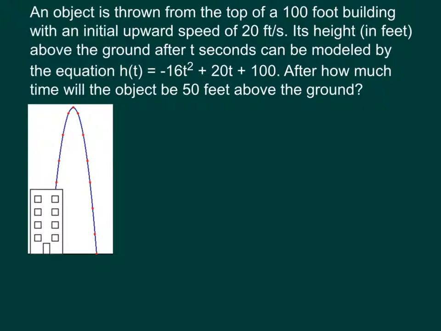So what we're looking to do here is use the quadratic formula to solve an equation. We want the object to be 50 feet above the ground, so I'm going to replace the height, h of t, with 50. And that's going to be equal to the rest of my equation, -16t squared plus 20t plus 100.